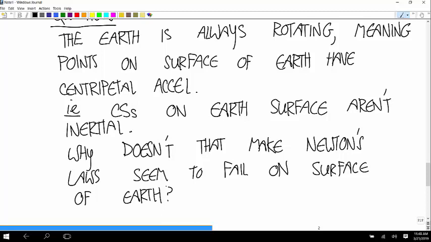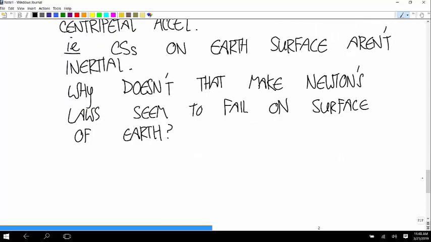We just ignore it. So why do we? And it works. So why? Okay, well, here's the answer. No, that's not why. Because anything moving in a constant circular motion still has acceleration. Yeah, it's because it's so slow.